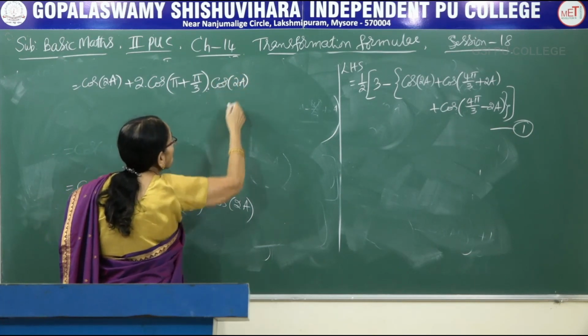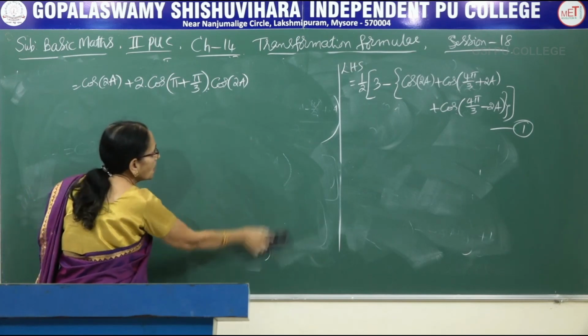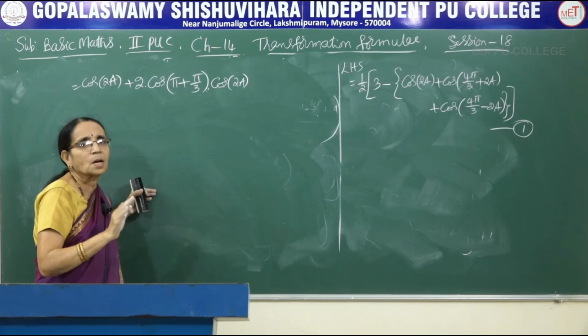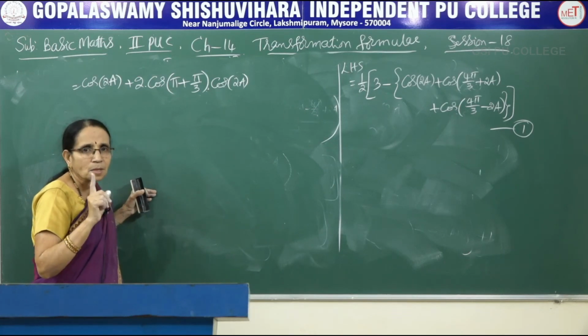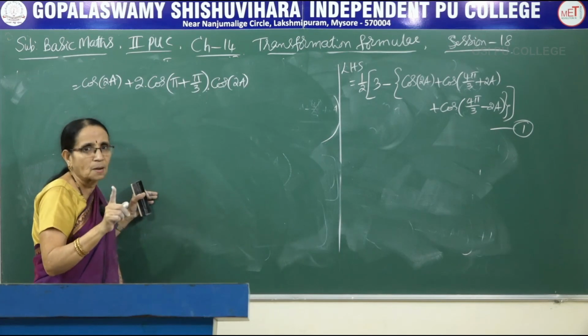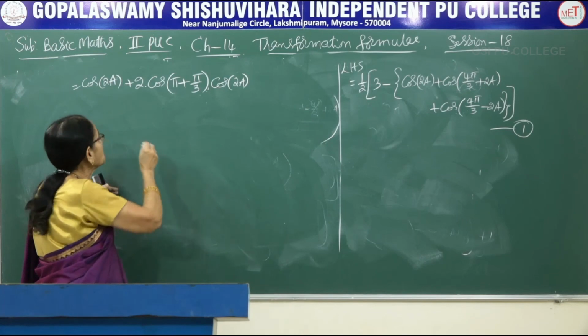So it is cos of 2a. Now we are using the allied angle rule. Cos of 180 plus theta comes in the third quadrant where cos is negative, one thing. Then when you are using 180, the function remains the same.